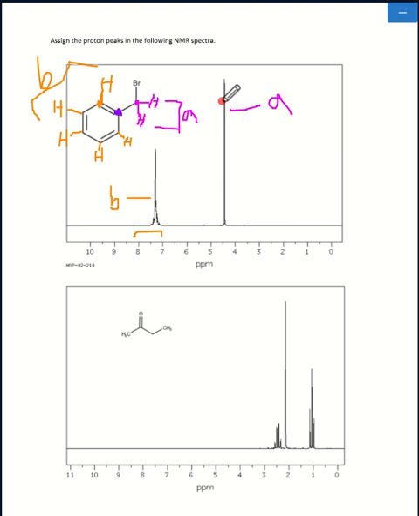I labeled that carbon A, therefore I'll label that peak on the NMR spectra also A. And then the hydrogen on the ring got labeled B, therefore the peak around 7 to 8 ppm will also be labeled B on the spectra.